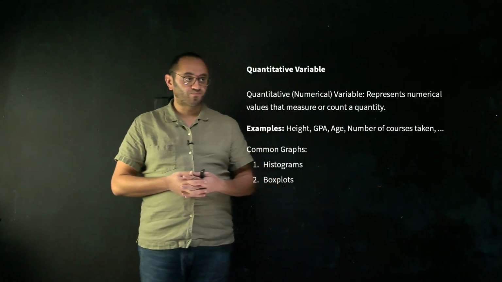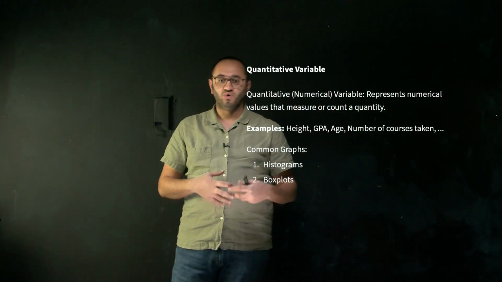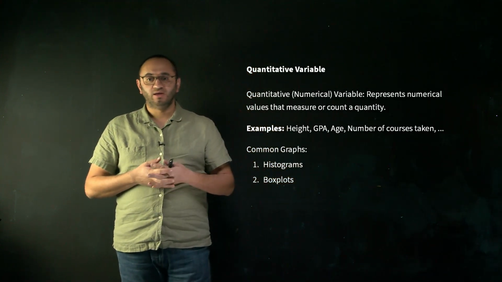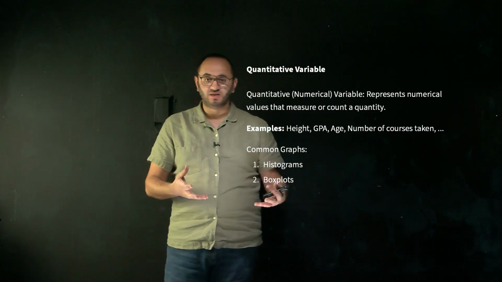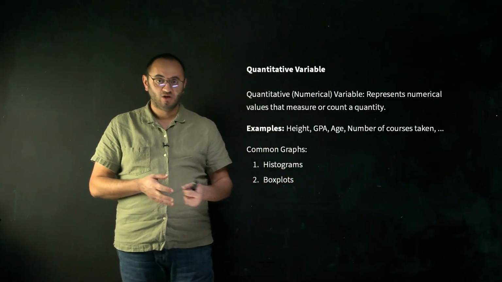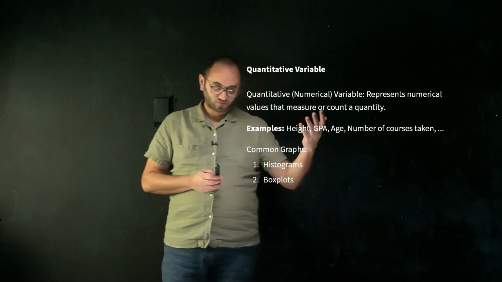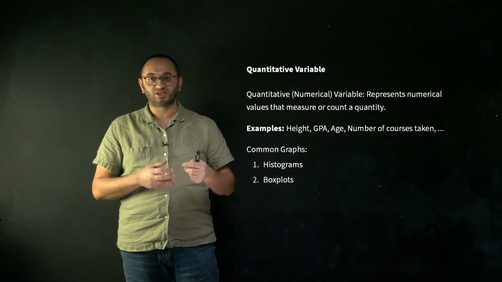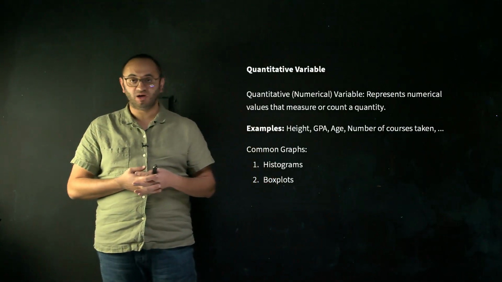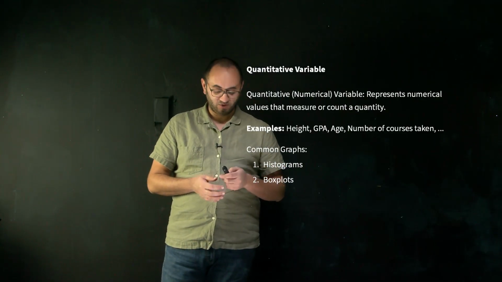So, for example, if I ask you what is your GPA, what is your height, what is your weight, how much money do you have, those are examples of numerical or quantitative variables. And to make a summary of those variables, we can make, for example, a histogram or box plot as a summary of those variables.